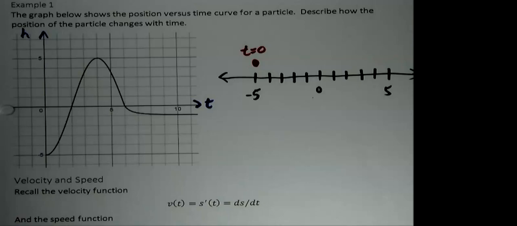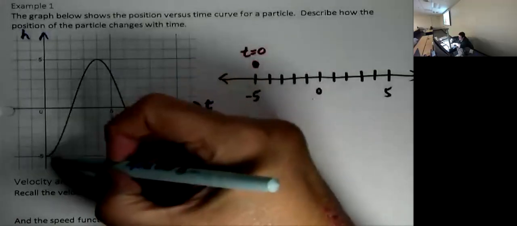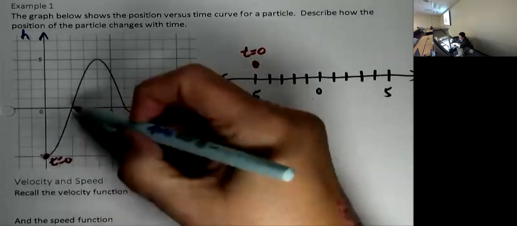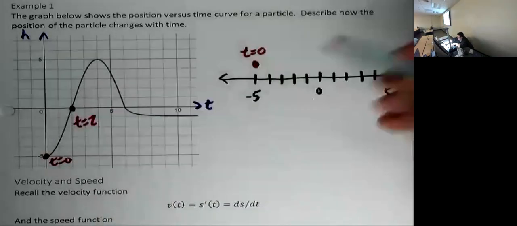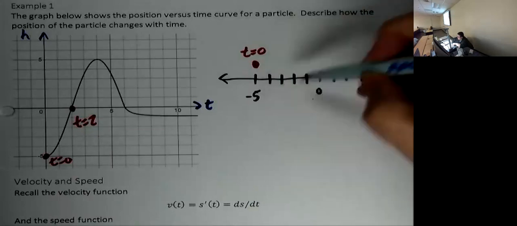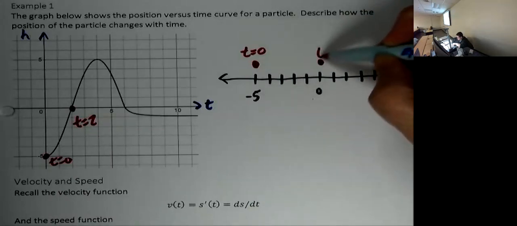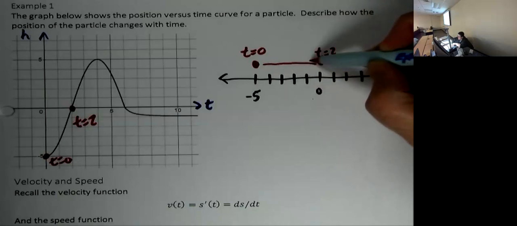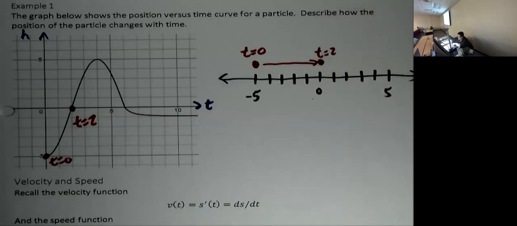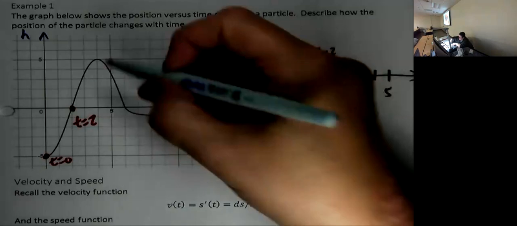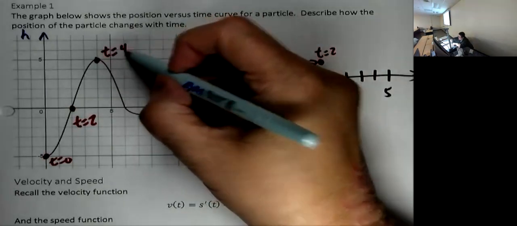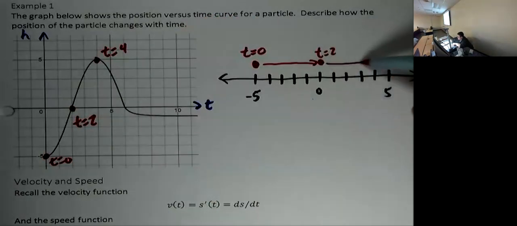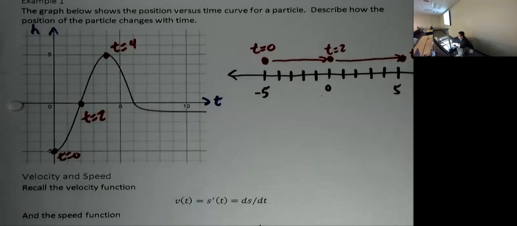At 0, right? So we got t equals 0 here, t equals 2, and at t equals 4, we're up here. We can see that curve is not straight though, right?